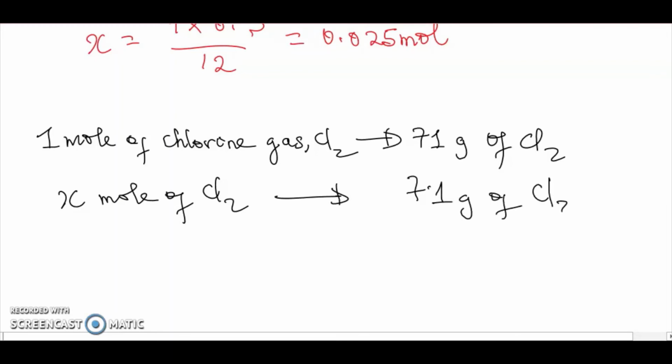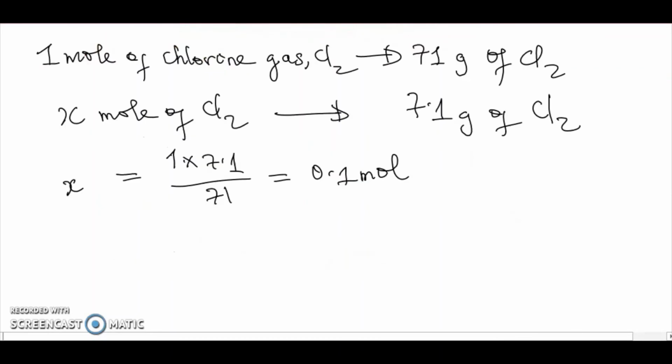So X then is equal to 1 multiplied by 7.1 divided by 71. And so what do we have? We have 0.1 mole.